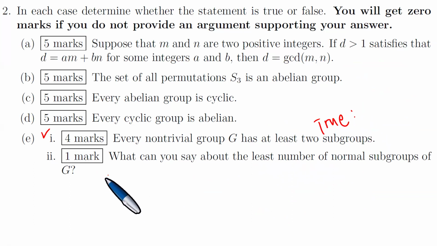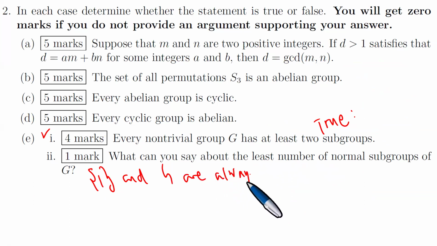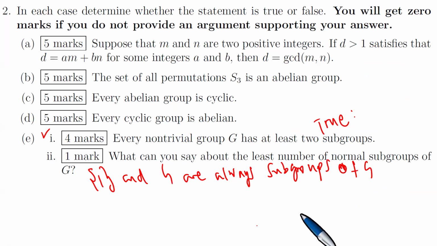It is true simply because 1 and G are always subgroups of G. So indeed, every non-trivial group has at least 2 subgroups, namely the trivial subgroup and the group itself.